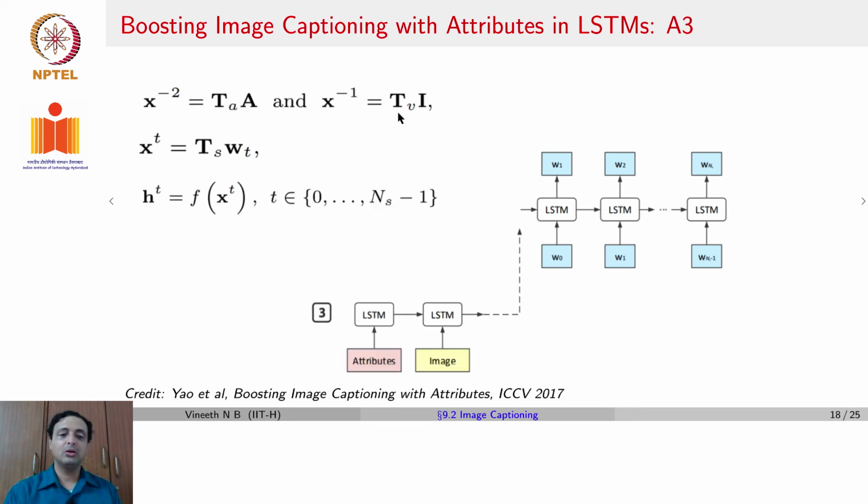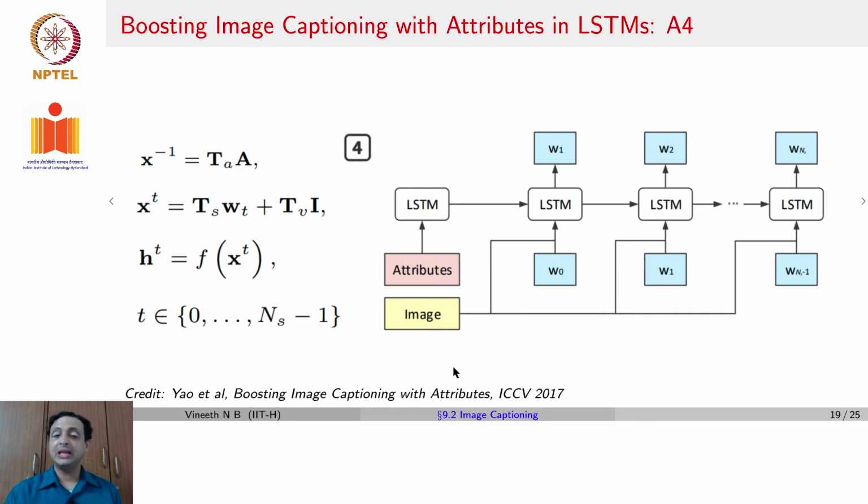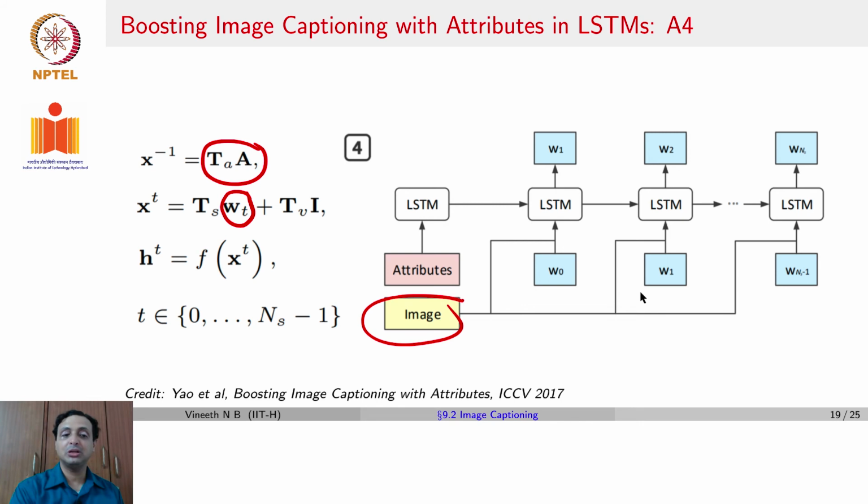A3 was a variant where the attributes were given first and the image was given next. It's a variant of A2 where the inputs are swapped, first attributes, then image. Then came a variant A4 where at X -1 only the attributes were given, but at each time step you give both the words in the caption and the image as input.